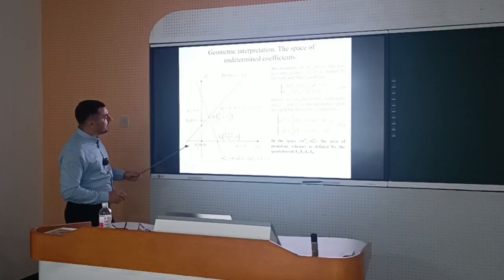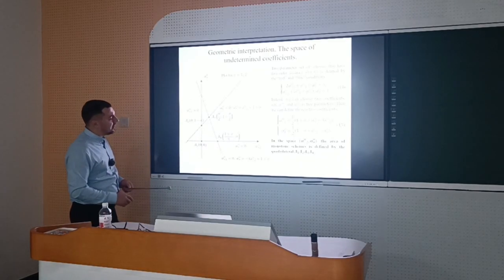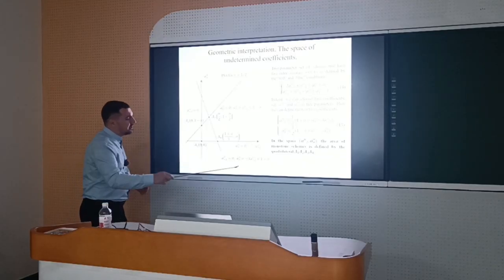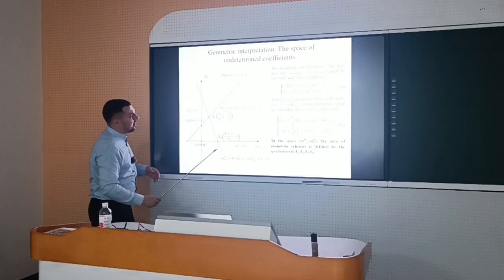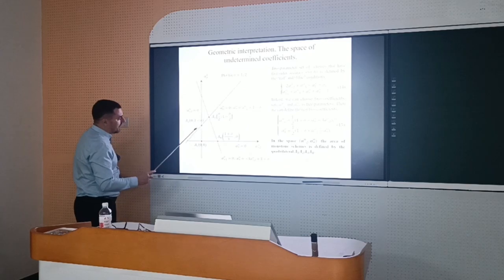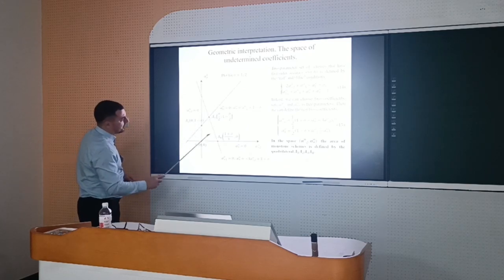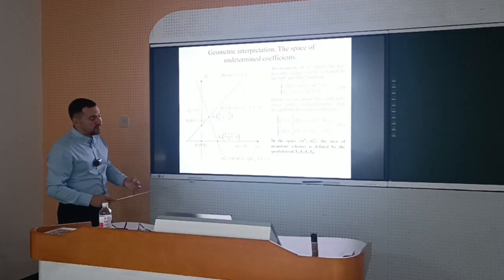What else can we plot here? We can plot here the region, the area, where all the coefficients are non-negative, where alpha minus 2 is greater than 0, alpha 0 is greater than 0, and these coefficients are also greater than 0. And in this way, we will obtain A1, A2, A3, A4. So this is a quadrilateral region where all the coefficients are non-negative.